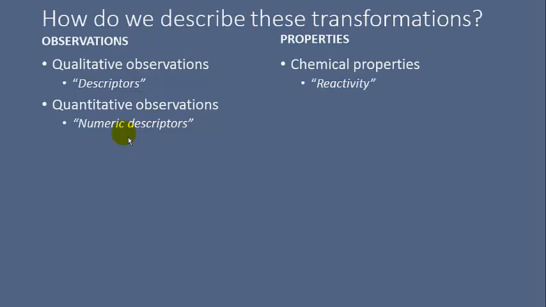We subdivide properties into those that are chemical in nature. Chemical properties are those that underscore any type of reactivity that's intrinsic to them. As an example, the sugar glucose reacts with oxygen to yield carbon dioxide and water. That is a combustion reaction. I've just described a chemical property of the sugar glucose. Coming back to the example of sodium chloride, a chemical property would be that it's completely soluble in water.